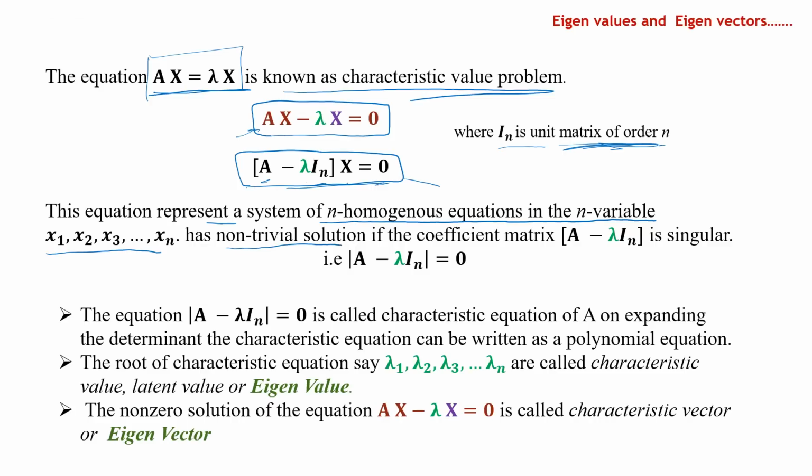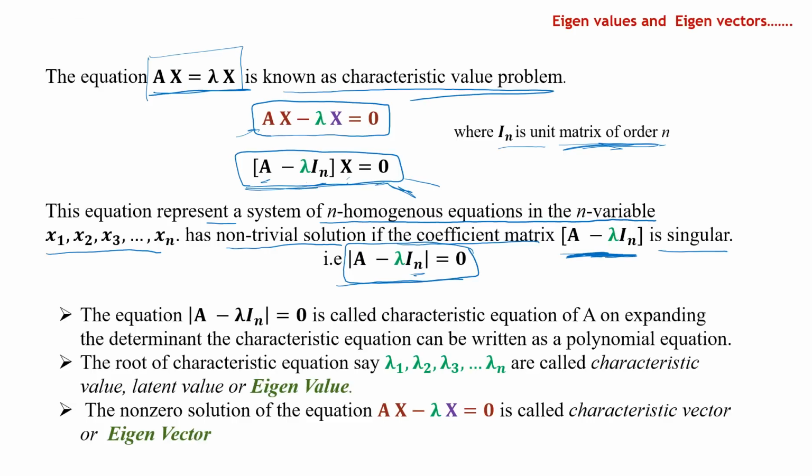This is a homogeneous system, and it has a non-trivial solution if the coefficient matrix is singular. That is, the determinant of A minus lambda I is equal to 0. This matrix is the coefficient of x.